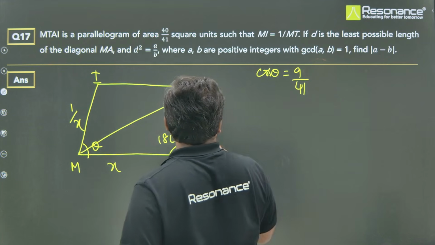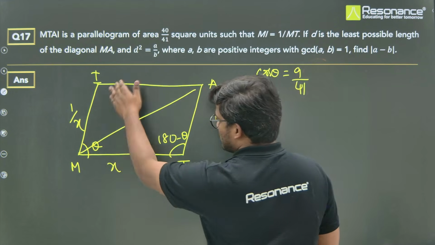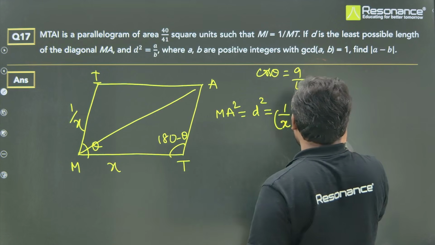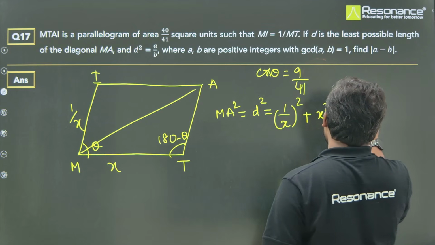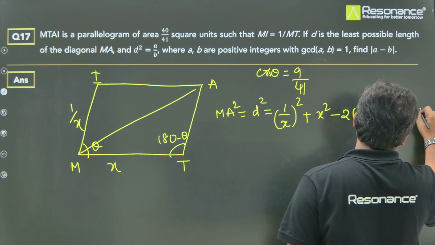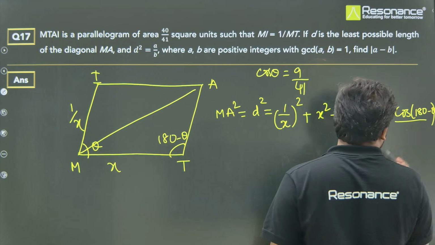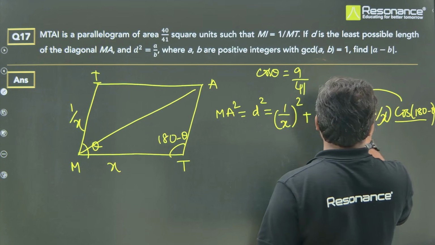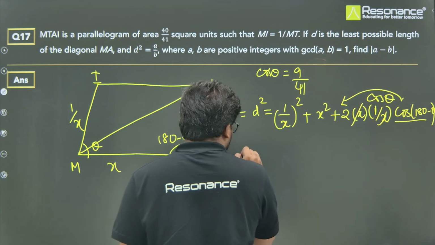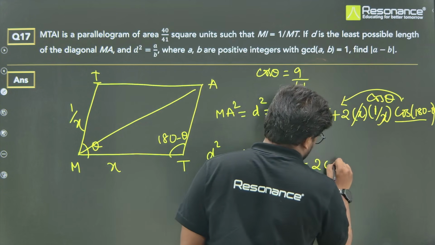And this diagonal, MA square, which is d square, would be MI square, 1 by x square, plus x square, minus 2x into 1 by x into cos 180 minus theta. x cancels, cos 180 minus theta is minus cos theta, so this becomes plus cos theta. So d square is 1 by x square plus x square plus 2 cos theta.